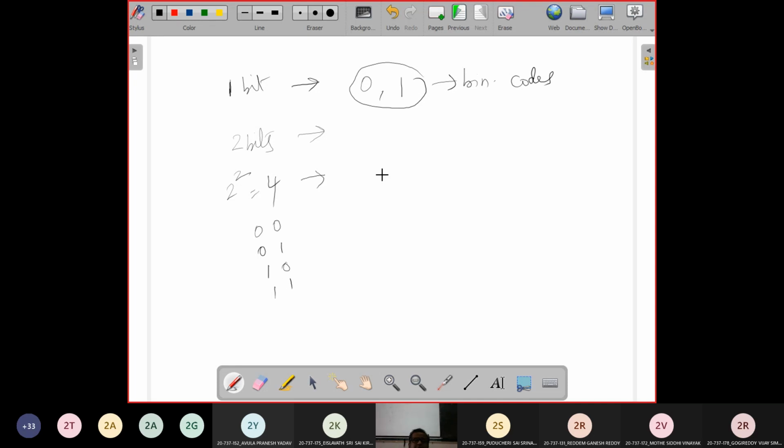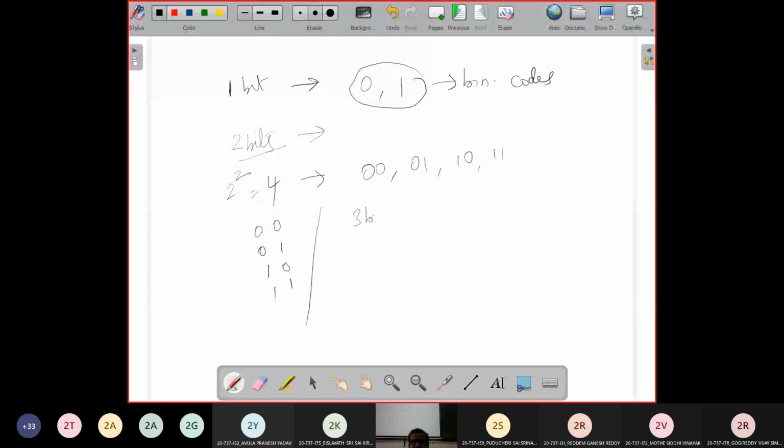So the possible binary codes are 00, 01, 10, 11. Am I clear till this point? Somebody please answer. Yes, sir.